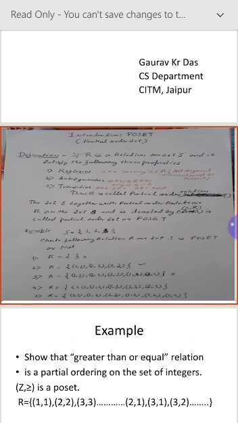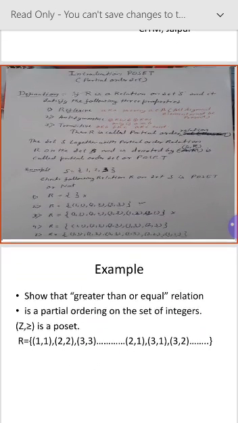So when all these three properties, reflexive, antisymmetric and transitive, are proved for any relation on a set, then we can say it is a POSET. Let's have some examples.